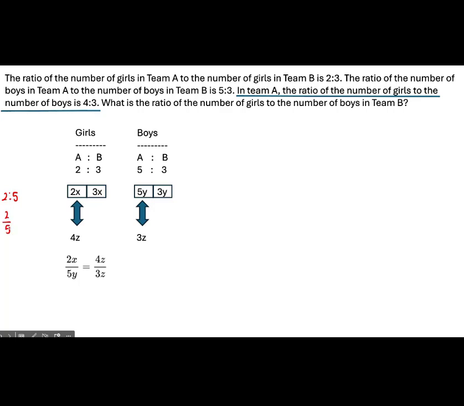Ratio can be represented this way. So here we are going to say 3x over 5y is equal to 4z over 3z, because 3x is equal to 4z and 5y is equal to 3z.